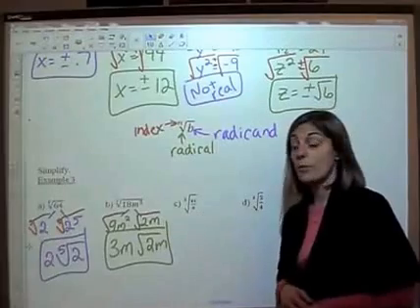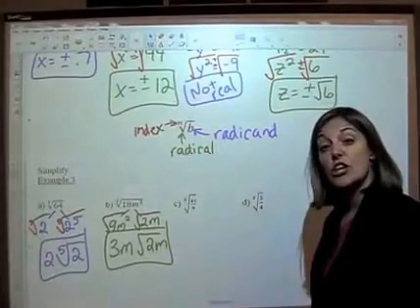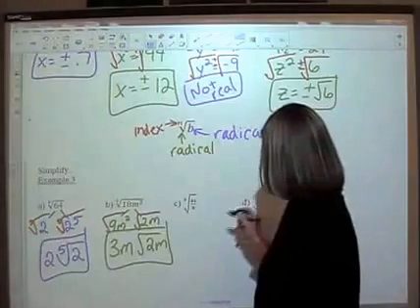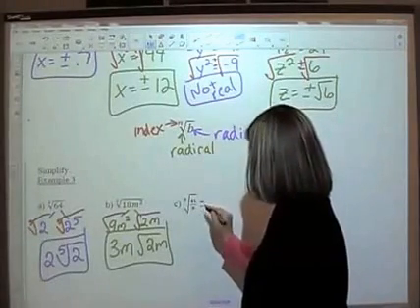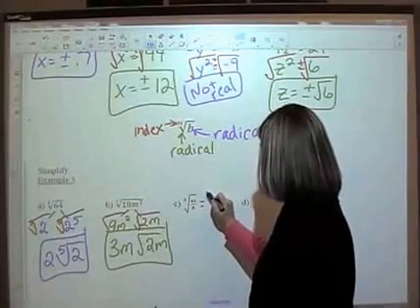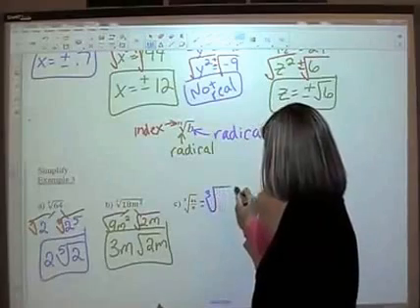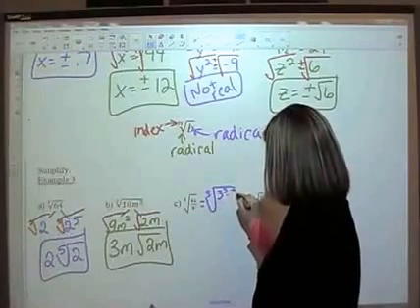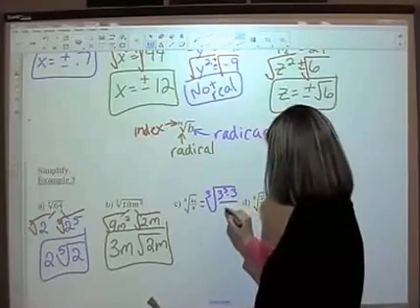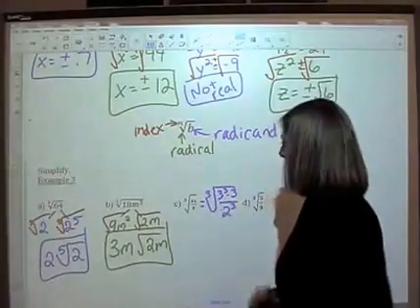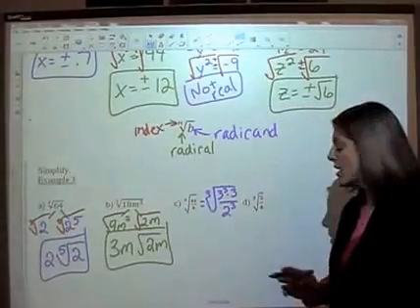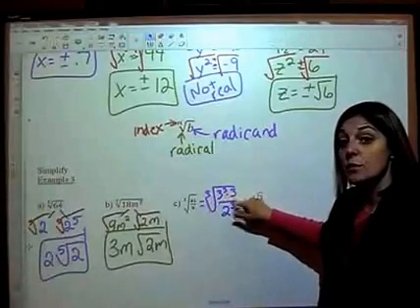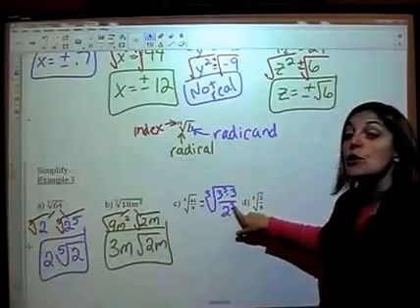Now let's take a look at part C. We have the cube root of 81 over 8. All right, so we can break 81 up into 3 cubed times 3 over 2 cubed.